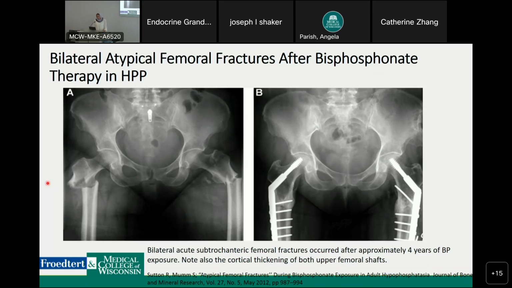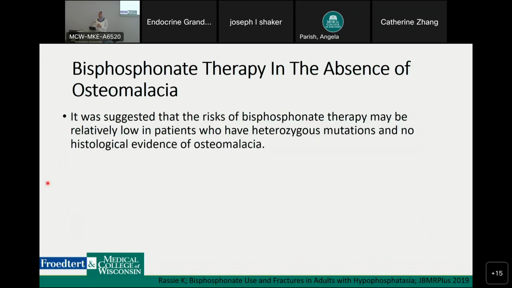But that being said, they might not be that scary. It was proposed that in patients who do not have osteomalacia on bone biopsy, bisphosphonate use can be considered.